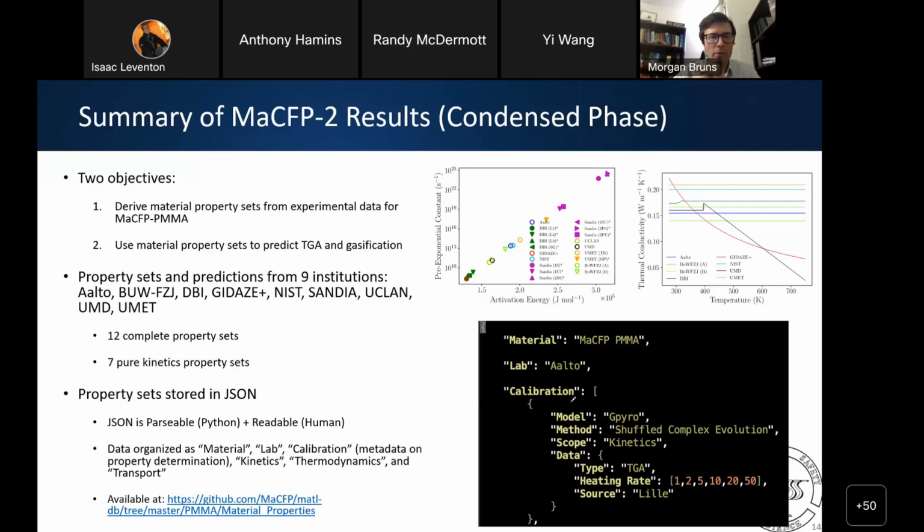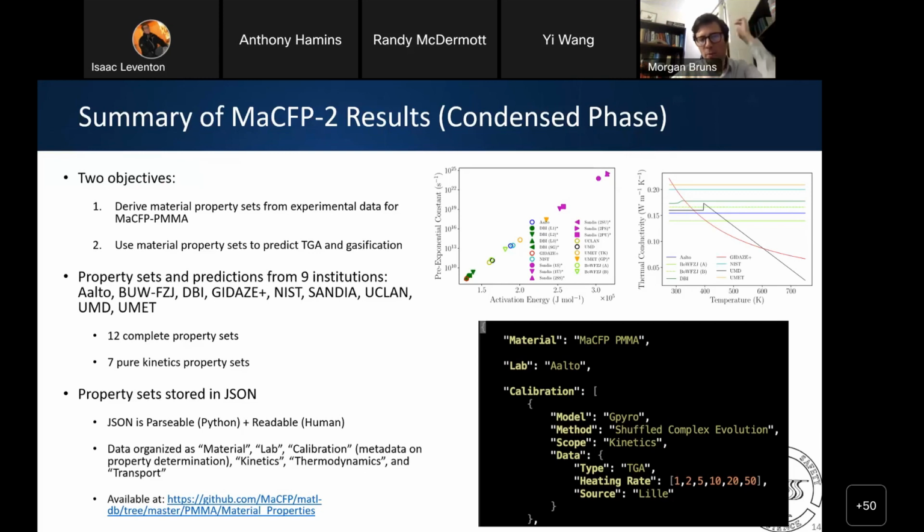Isaac did a lot of work to distribute this material to people around the world, and they did various experiments on it, primarily the milligram scale standard tests, TGA, DSC, MCC, along with some larger gram scale cone calorimetry and gasification. So the output of all of that was sets of material properties describing this nice black MaCFP PMMA.